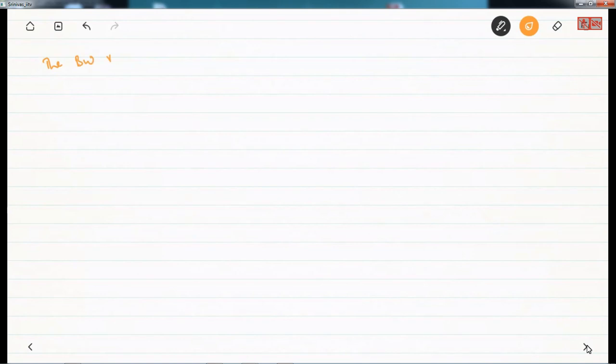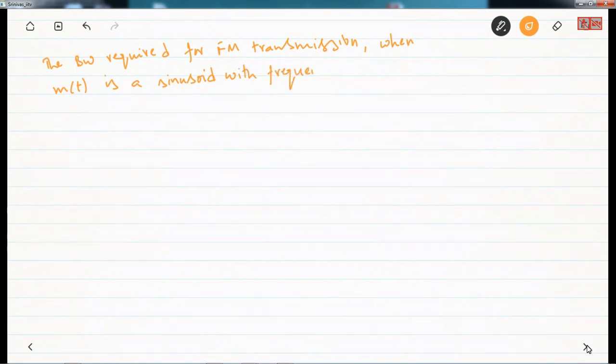So the bandwidth required for FM transmission when m of t is a sinusoid with frequency FM is bandwidth equal to 2 into beta plus 1 into FM, which is equal to 2 into delta F plus FM, and this is called Carson's rule.